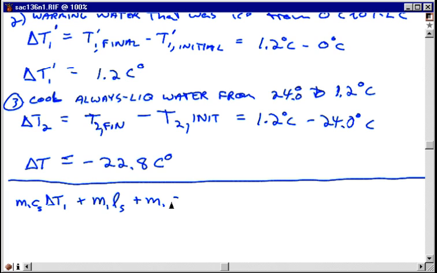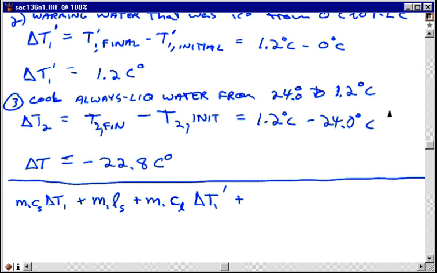But now it's a liquid, so we're raising the temperature of a liquid, so I'll use the specific heat for liquid water as opposed to the specific heat for solid water as was used over here when we were warming up the ice. Now we're warming up the liquid water, times the temperature change that the liquid water undergoes, what I call delta T1 prime, the 1.2 degrees. It went from 0 up to 1.2.